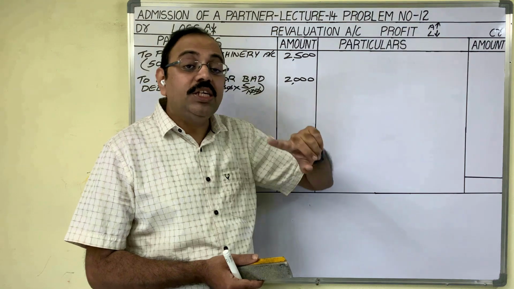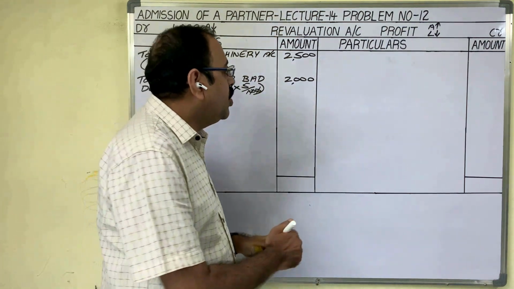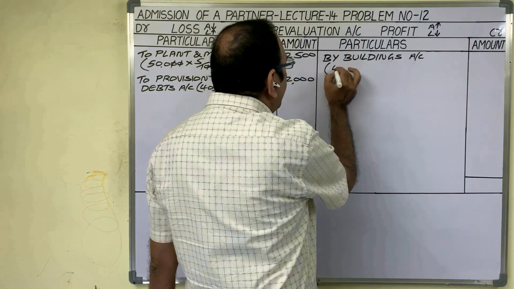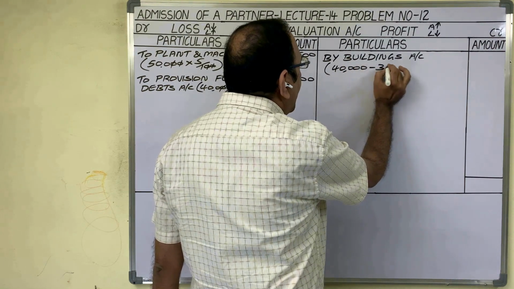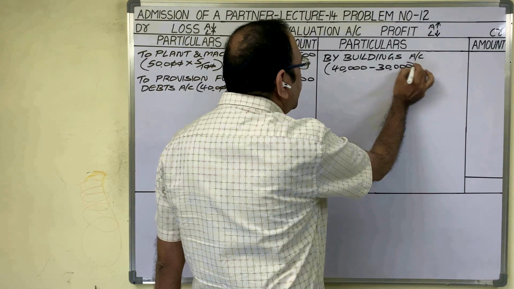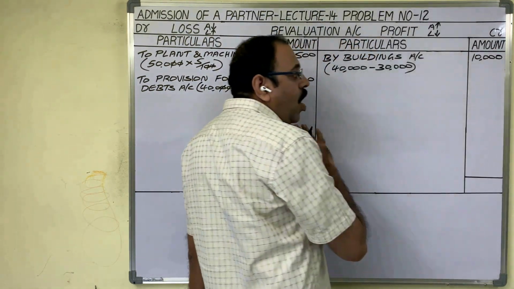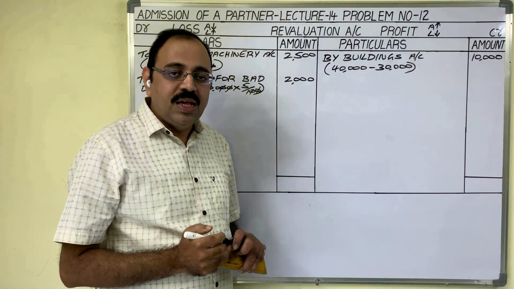Asset value is increased by 10,000 rupees. It is a profit. It should be credited to the revaluation account. By buildings account, market value 40,000 rupees minus old balance sheet value 30,000 rupees, 10,000 is profit. So we have taken all profits and losses in the revaluation of assets and liabilities.